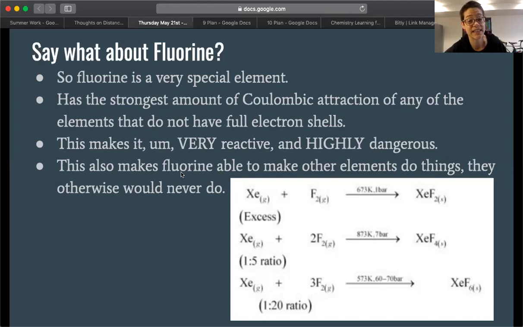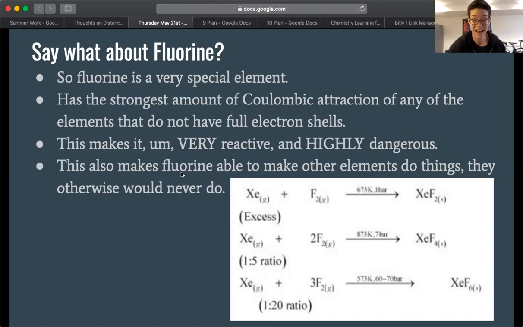And this actually happens under fairly normal conditions. And then under some weirder conditions, fluorine can also do this with krypton. And under some extremely weird conditions, it's actually been found in the last 20 years or so that oxygen can do this as well. Because what we're going to find is, out of the elements with that really strong Coulombic attraction, right behind fluorine is sitting oxygen.